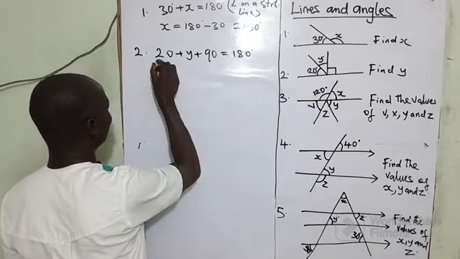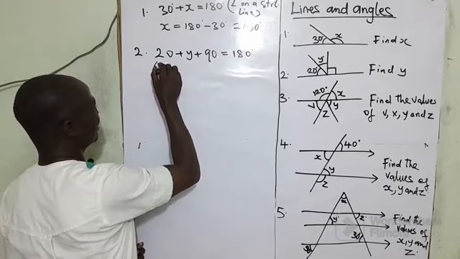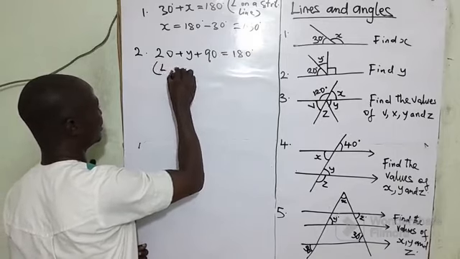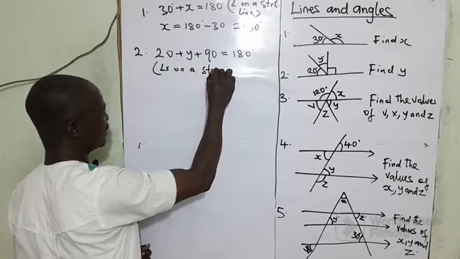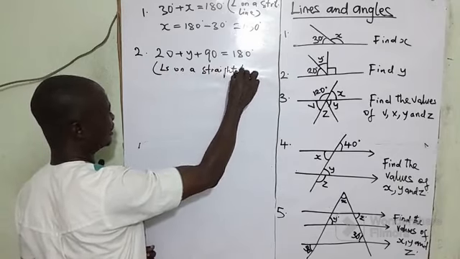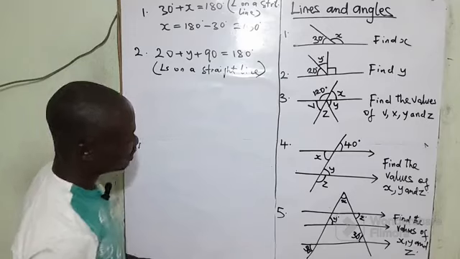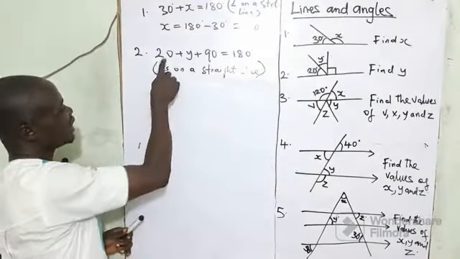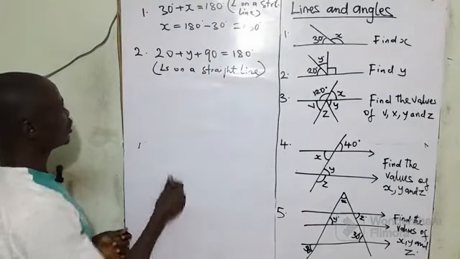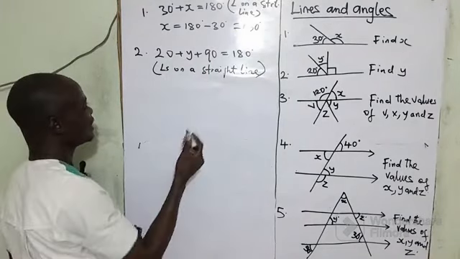180 degrees. And this is what? Angle on a straight line. Okay? So this is our reason for solving it. We have to add all the numbers on the left hand side and then equate it to 180.